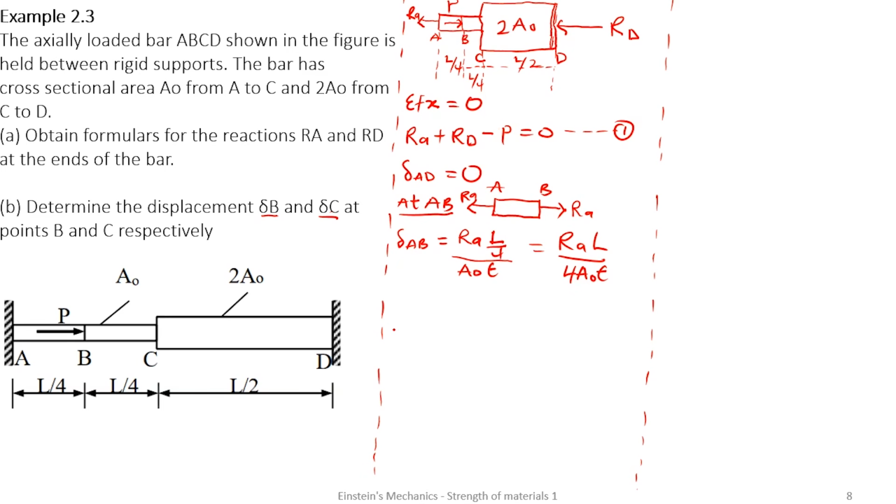Let's take BC. If I take BC, this is what happens. I'm going to section BC, and if I create a cut in BC, I'm going to get the bar in this form. So let's assume this is B, this is C, this is D, and there is a force here.